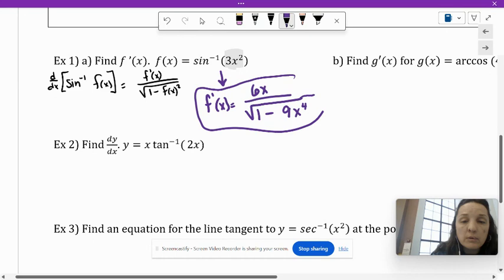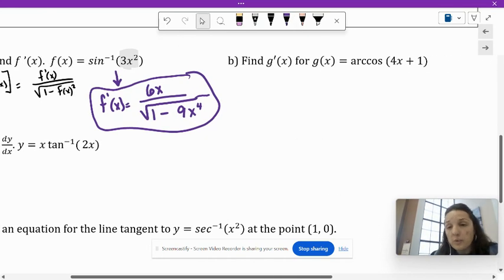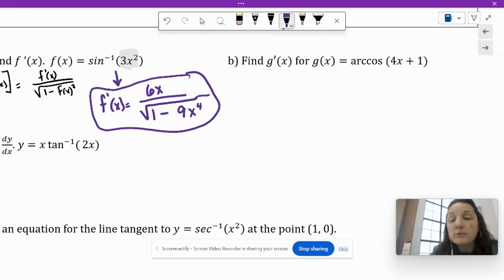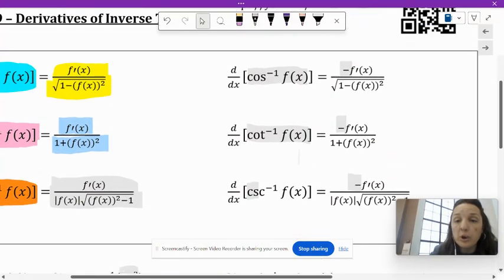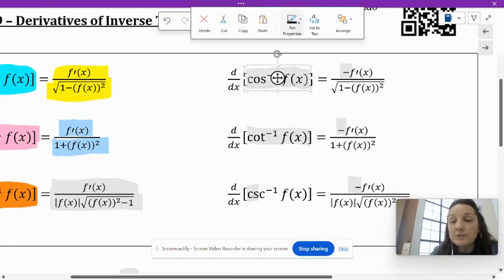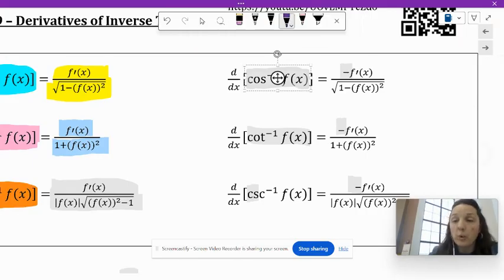That's it. So if I come over here and it says find g prime of x for g of x equals arc cos 4x plus 1. The derivative of arc cos is the negative derivative over the square root of 1 minus the original squared.